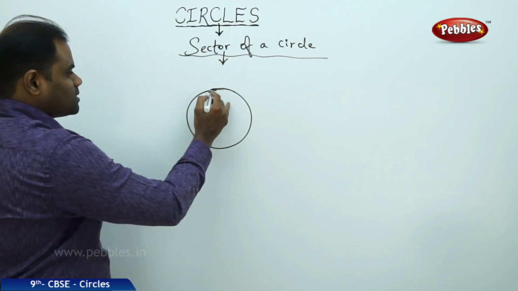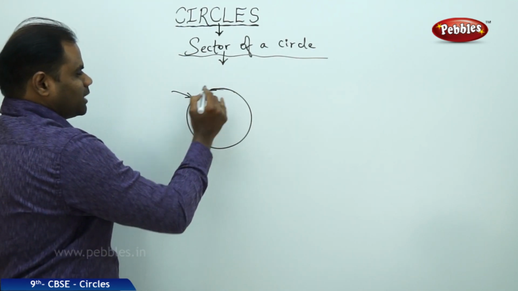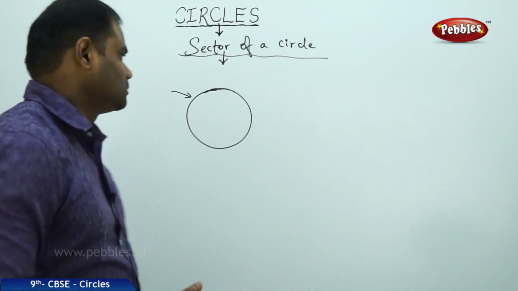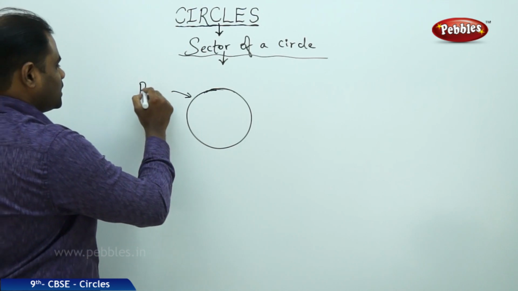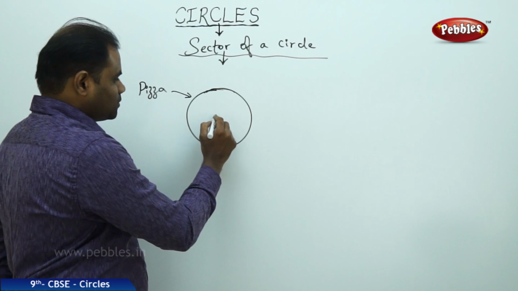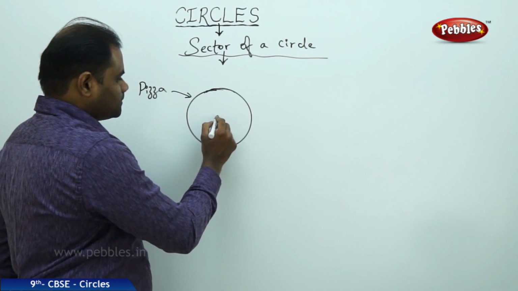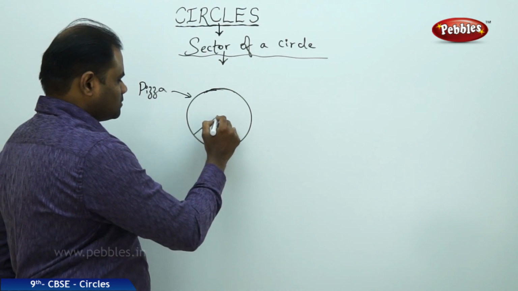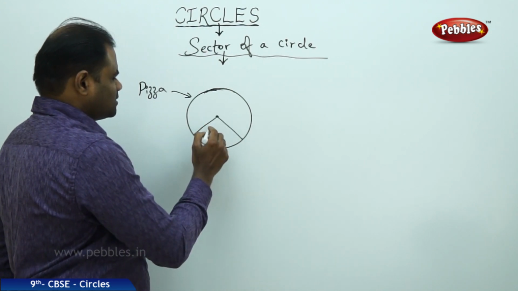Imagine this as a pizza, and I would like to define a sector through the real life model of a pizza. So let's consider a pizza which is cut exactly through the center. Say I cut this slice.